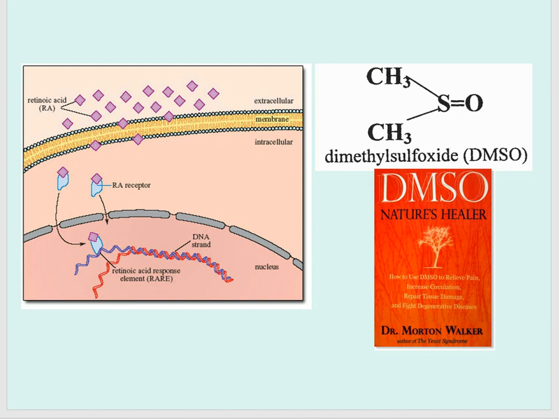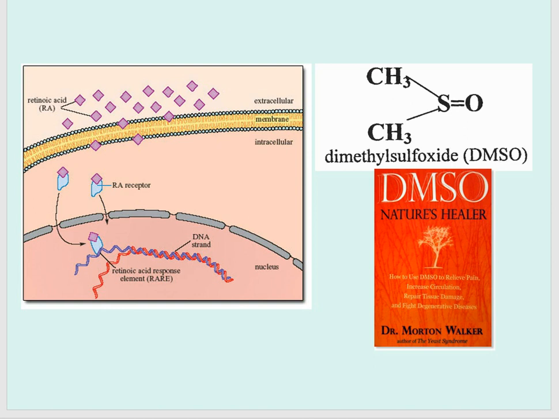So retinoic acid, when combined with DMSO, is going to have this complex where retinoic acid is bound to DMSO. DMSO can then carry it through the cell membrane, through the lipid bilayer, into the cell, where retinoic acid will dissociate from DMSO and bind instead to a retinoic acid receptor.